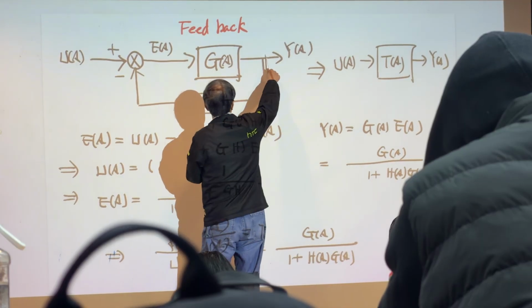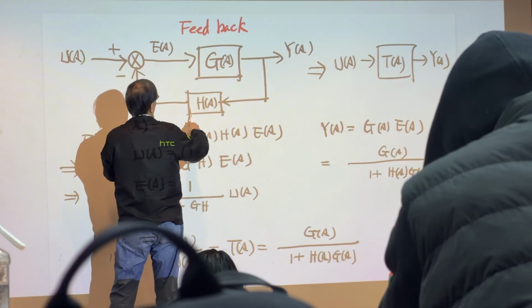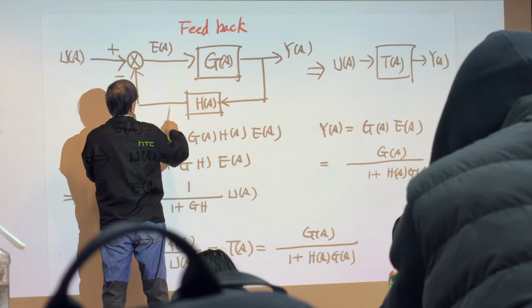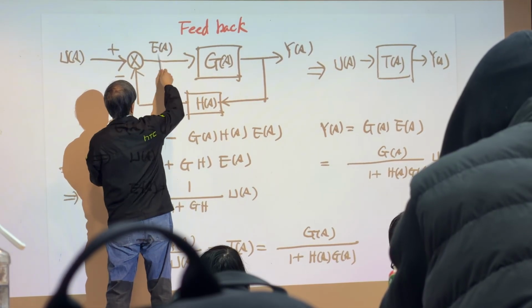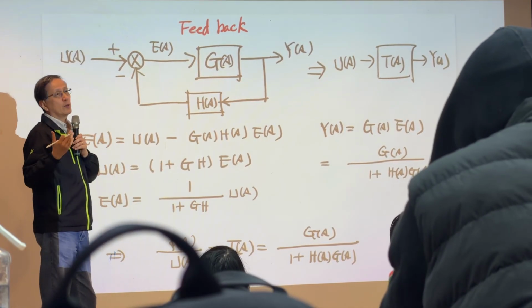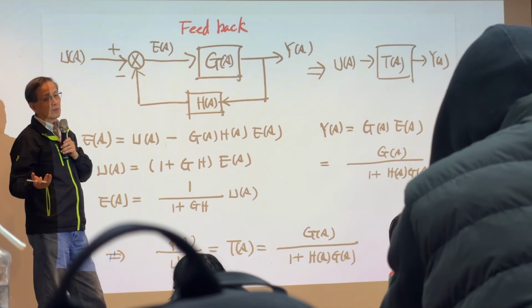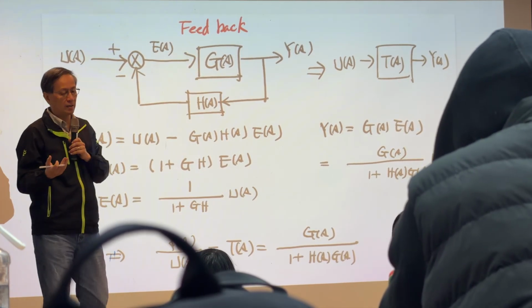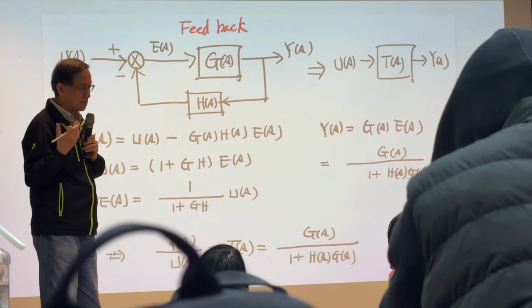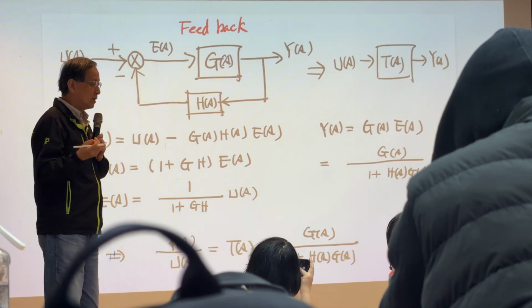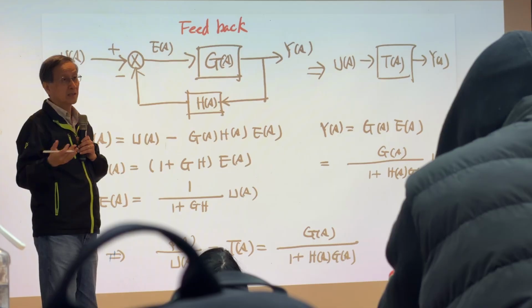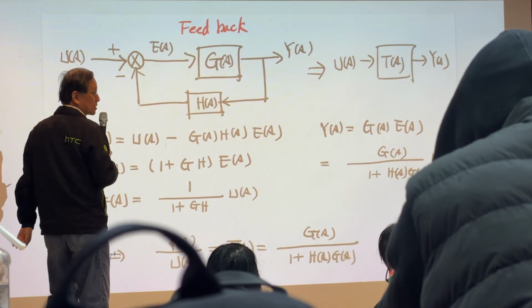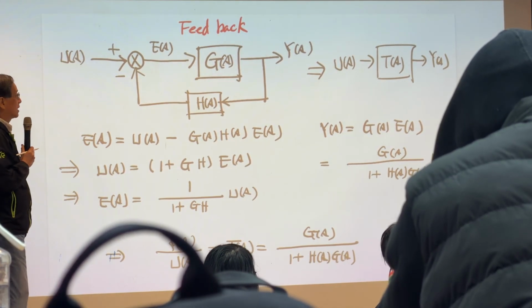But then it feeds back, maybe through a sensor, and comes back here, subtracting. And this is what we call error. Feedback is very important. It is not only used for feedback control, automatic control. It can actually be used in many different applications, even in social science, like economy. In economy, we can also use a lot of feedback mechanisms.